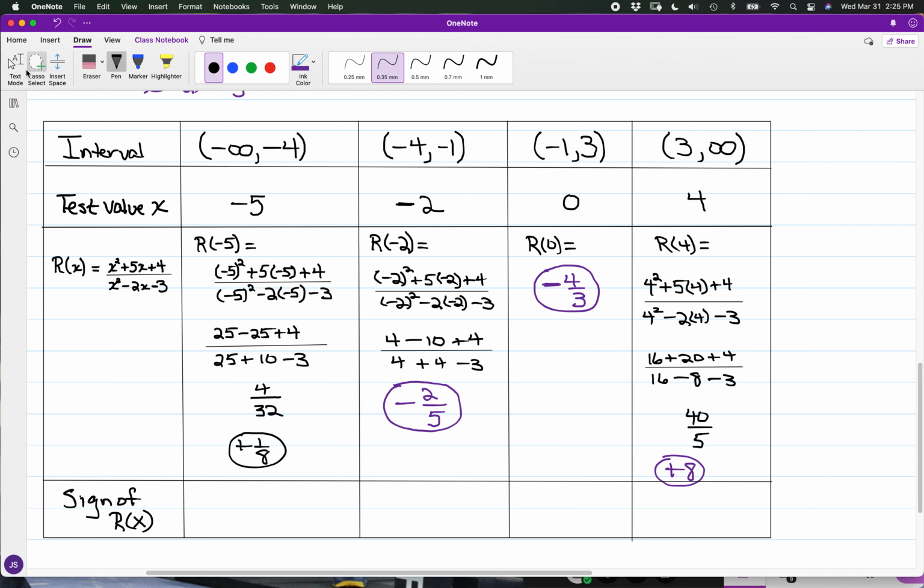Okay, so in the case of the sign of r of x, anything that is plugged in for x that is less than -4, the output is going to be positive. So we have r of x is greater than 0. Anything from the next interval, we have a negative output.